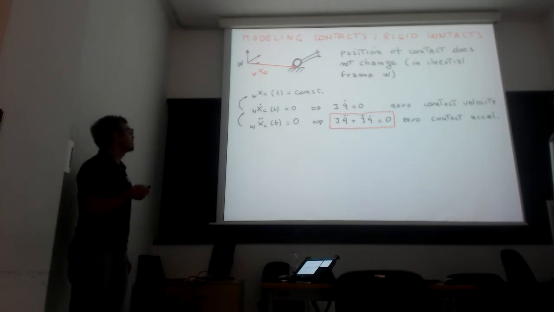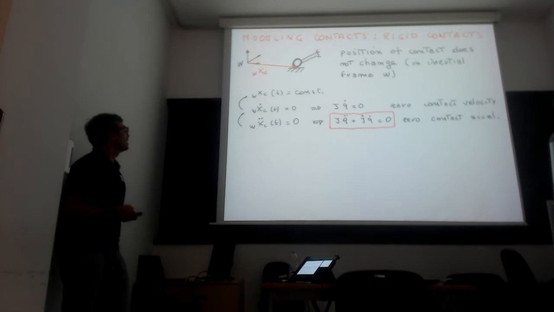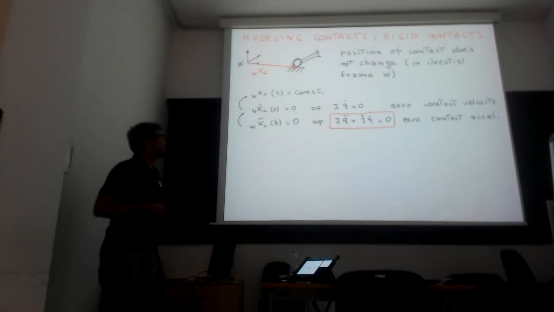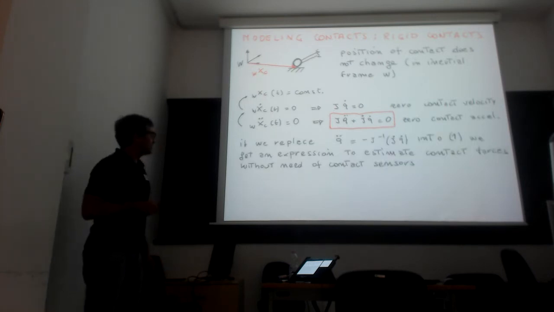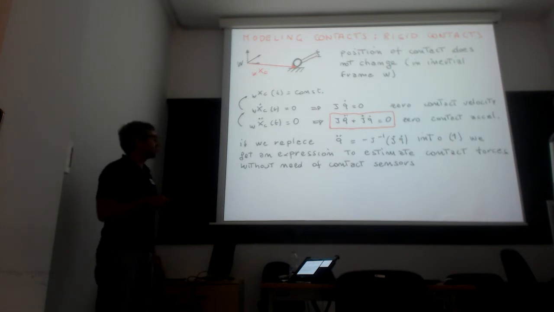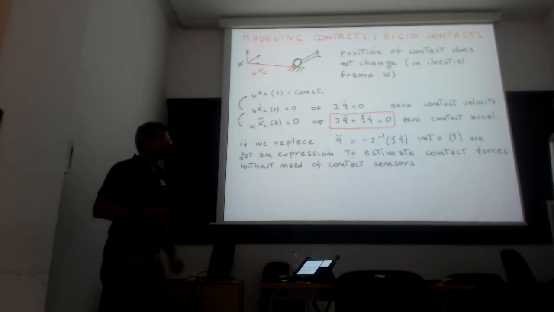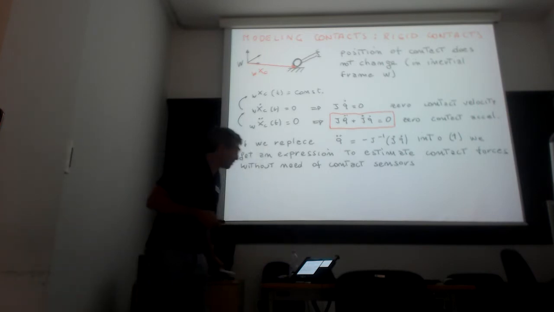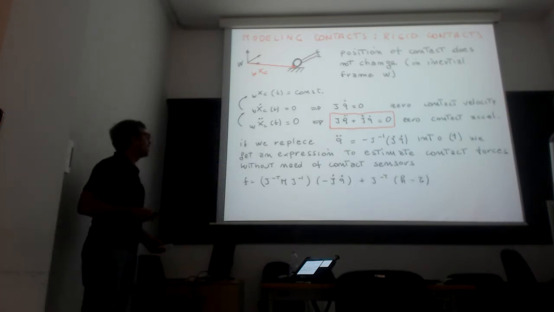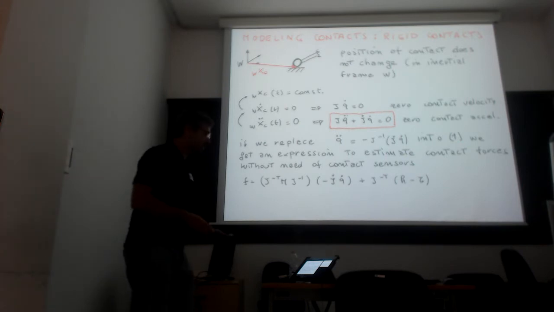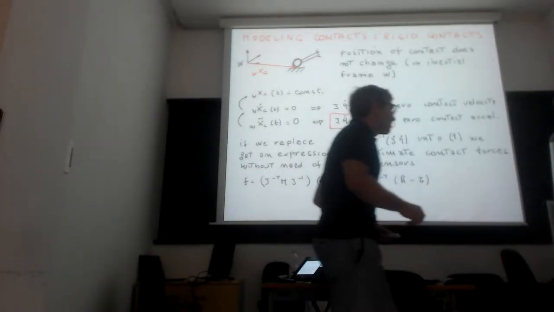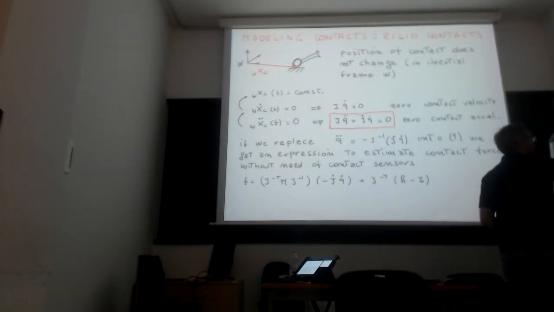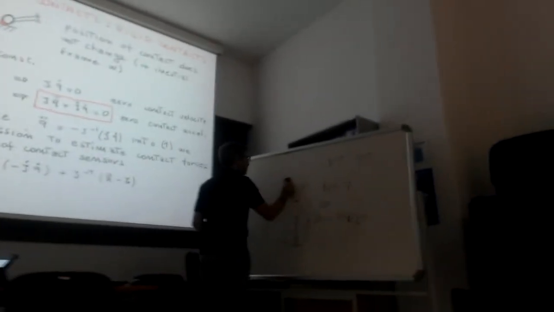If we work out q dot dot from this contact constraint, and we plug it back into the dynamic equation, we can get an expression to estimate the contact forces without the need of contact sensors, just using the model of the robot.